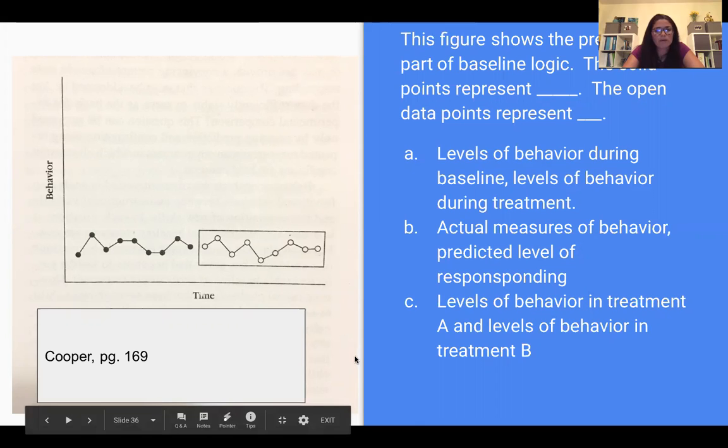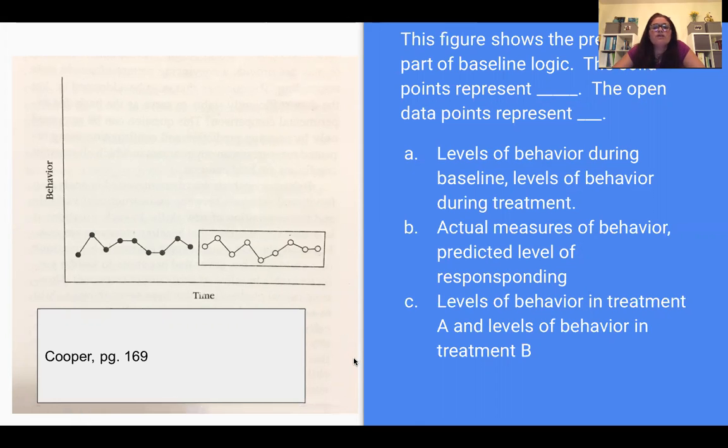This one's straight from Cooper as well. This figure shows the prediction part of baseline logic. The solid points represent blank. The open data points represent blank. I also saw these types of questions with two blank components on the test.